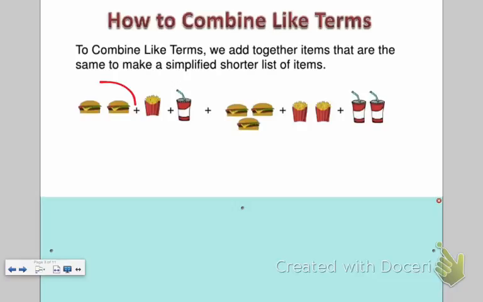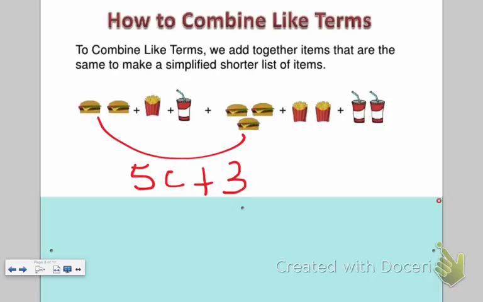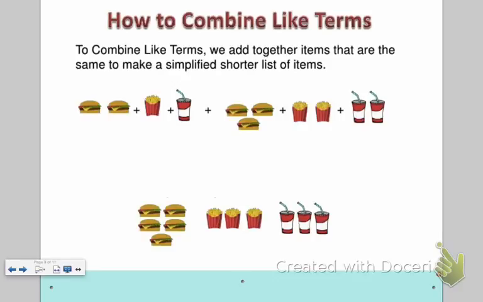You're going to want to make the person's life a lot easier by saying that you want 5 cheeseburgers, 3 French fries, and 3 sodas. Right? So it's the same idea with algebraic expressions. We're going to be combining things to make a simplified, shorter list. So instead of having 3 separate like items, we're going to group them with like terms.